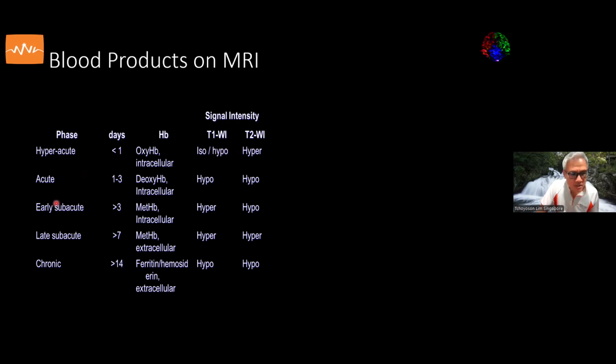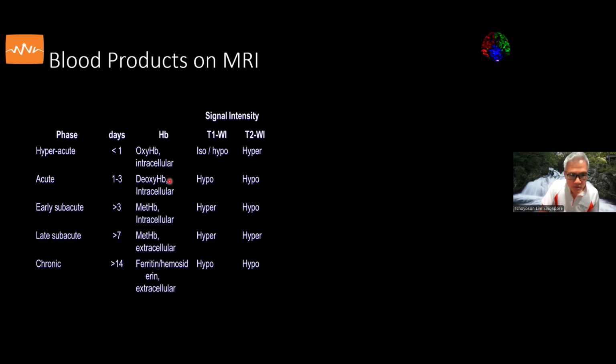So for instance, in the late subacute stage, usually older than 7 days, where the blood product is extracellular methemoglobin, this is when the signal intensity is hyper on both T1 and T2 weighted MR image. And in a chronic state, they are hypointense on both pulse sequences.